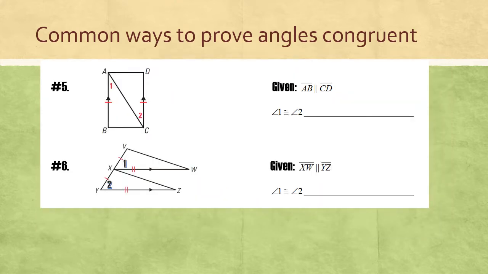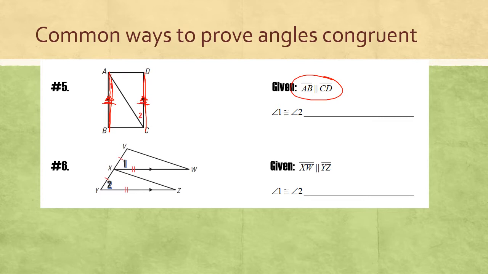More common ways to prove angles congruent. Again, going back to what we talked about in unit 2. Hey, look, I have parallel lines cut by a transversal. In this case, it's segments, but I have AB and I have CD, and I'm saying that they're parallel, which is the triangle marks you see here and here. They also have a tick mark, which shows they're congruent too.